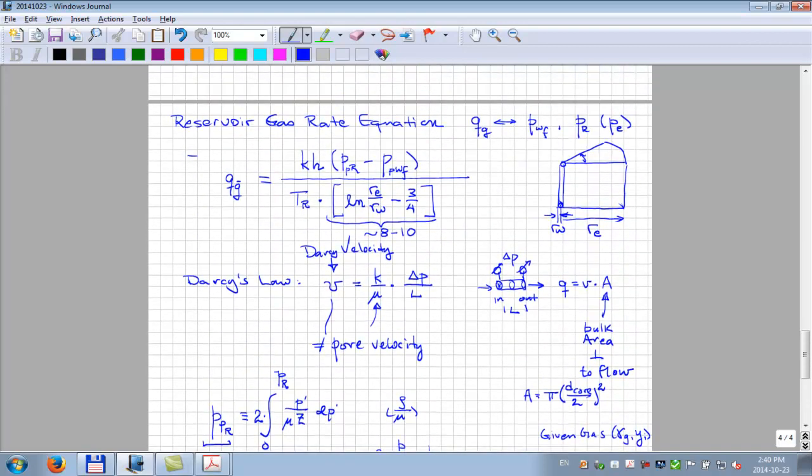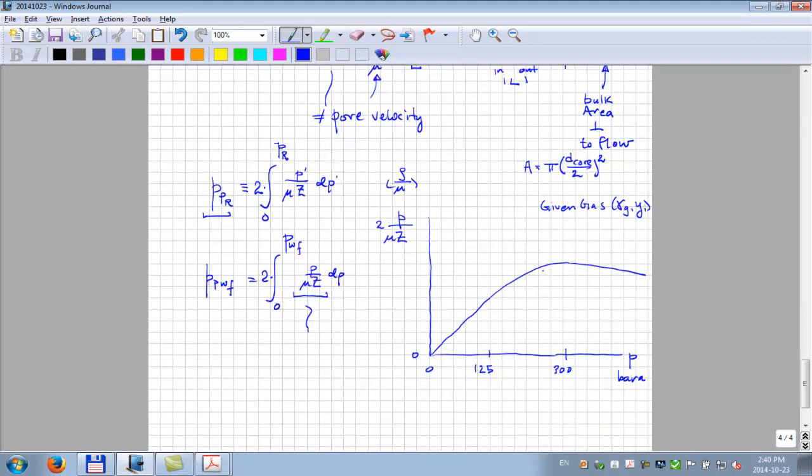And then with this equation, we basically know how to find the pseudo pressure of the reservoir. Well, let's say that reservoir pressure is here, and PWF is here, right? Let's do this pedagogically. We'll turn this one into the color orange, and then we'll draw that.